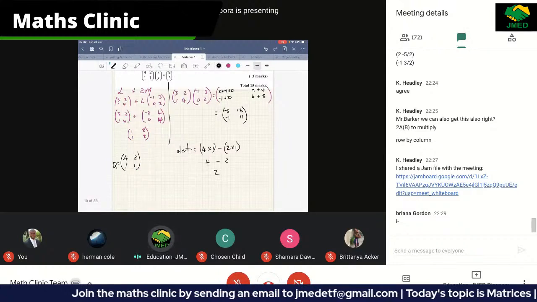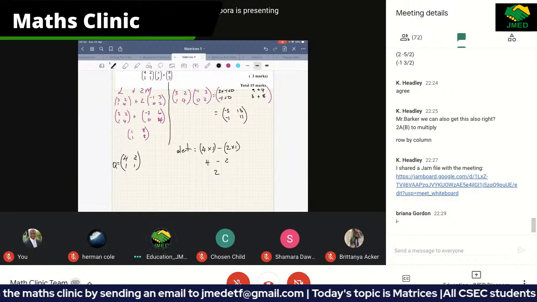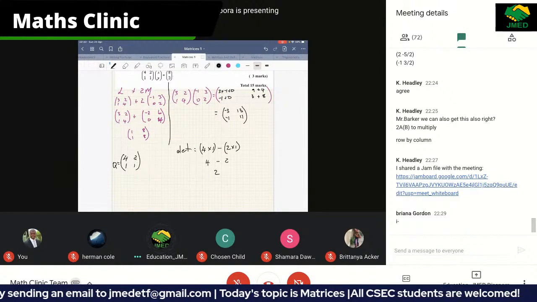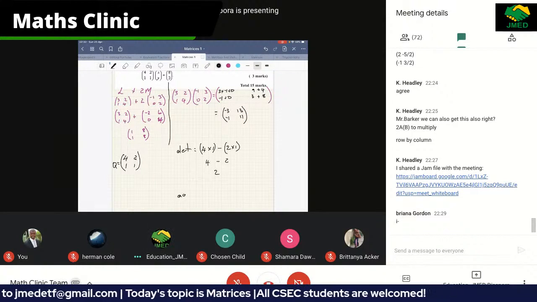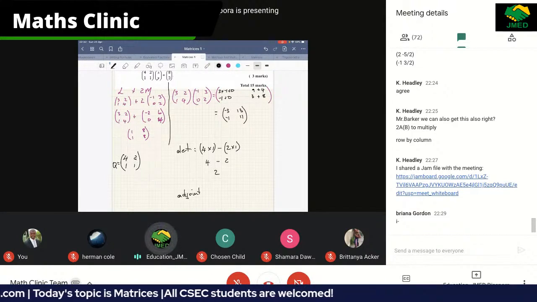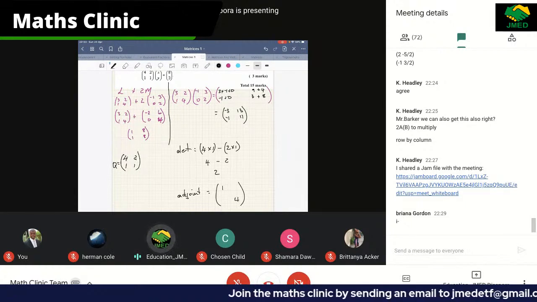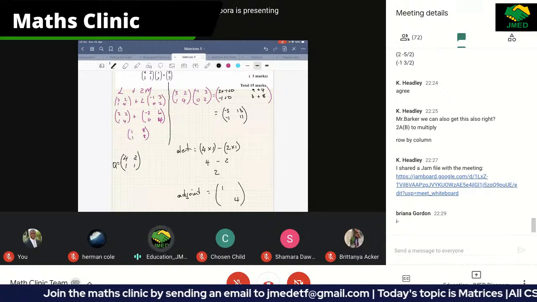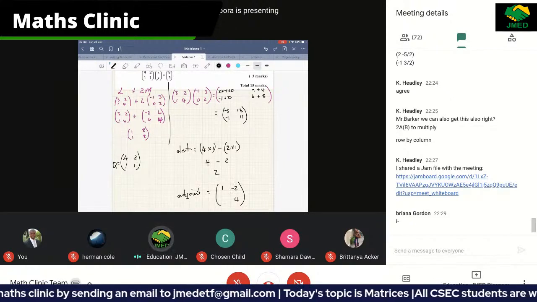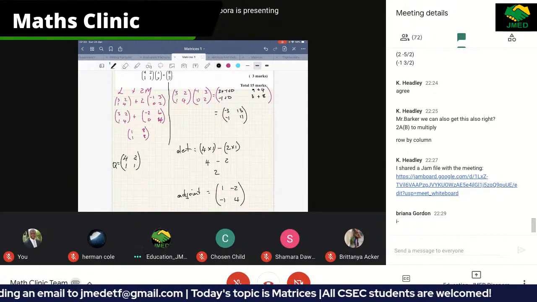The adjoint would be to switch the elements of the main diagonal, so 1 takes up the position of 4, and 4 takes up the position of 1, and we change the sign of the minor diagonal.